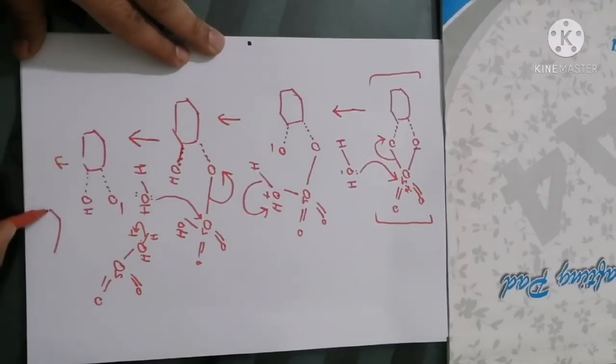Finally we will get this diol, and here two hydroxyl groups are on the back side of the ring.